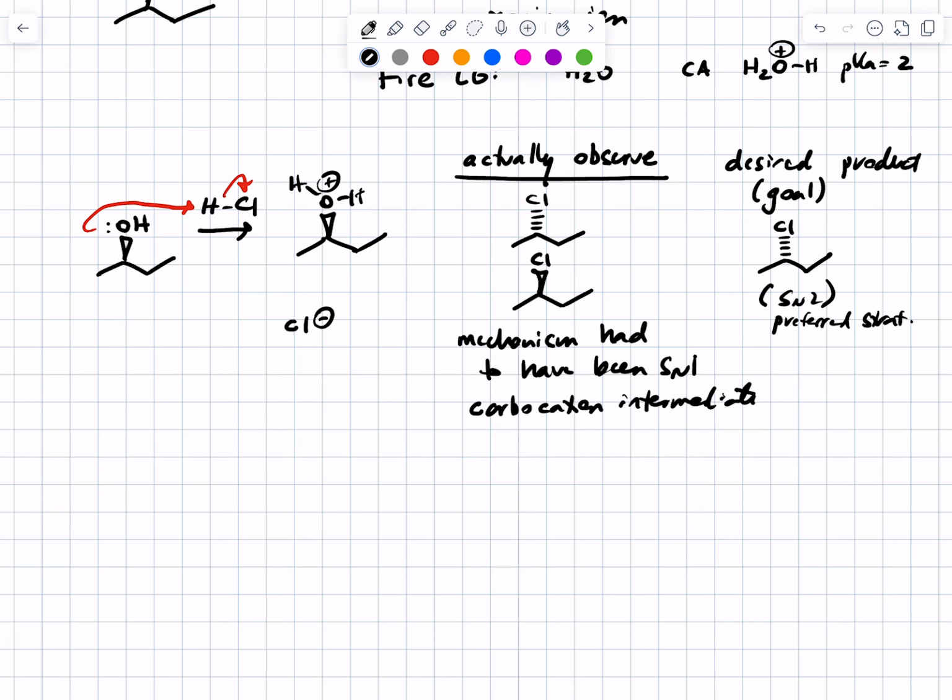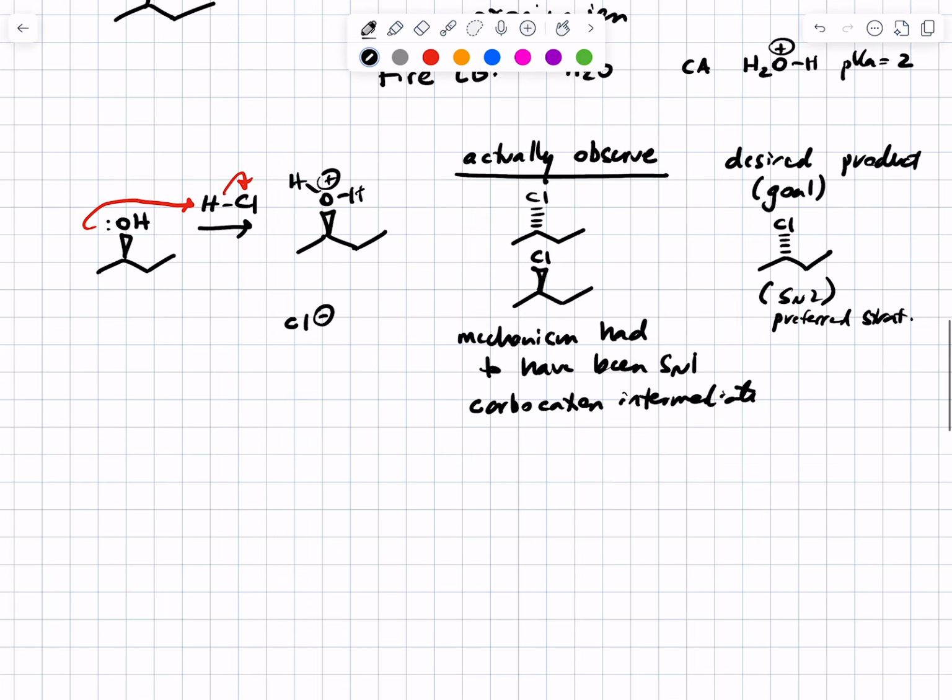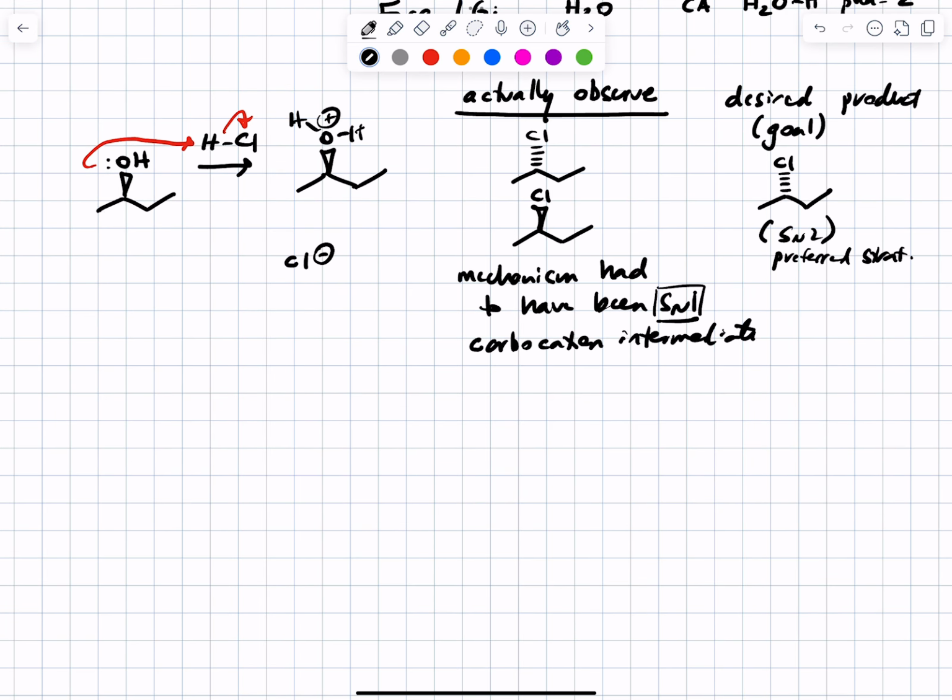Now, if the mechanism was SN1, I just got done telling you that SN1 and E1 always compete. Nevertheless, for this reaction your text says we don't observe elimination products. And that makes me uncomfortable, but it's also the truth.